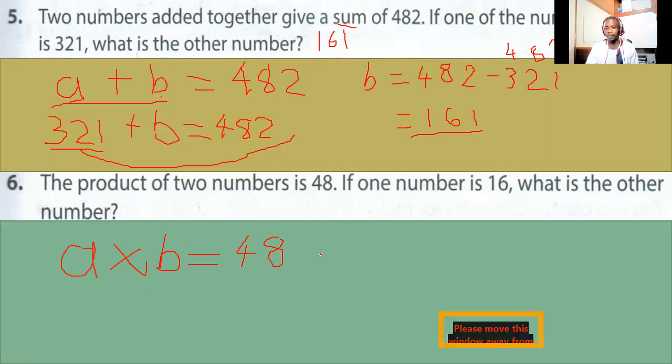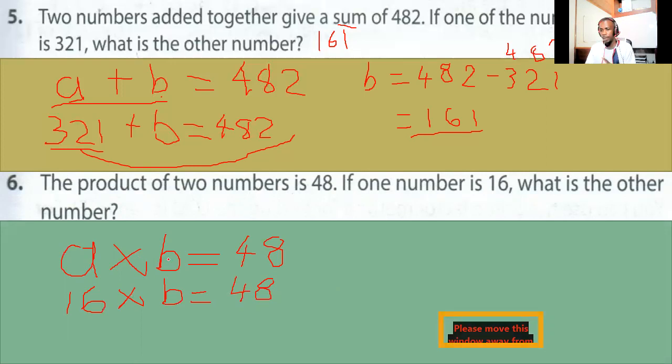Good. Now let's see. If one of the numbers is 16, let's say A is 16 times B, then we have 48. What is the other number? If we know A and we don't know B, and we have the total, here A and B are multiplying each other.